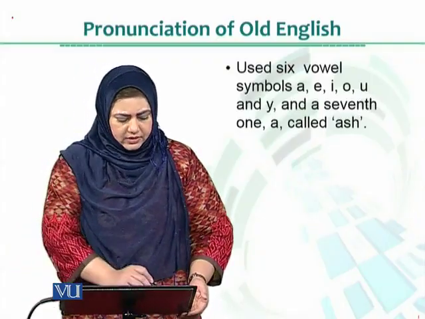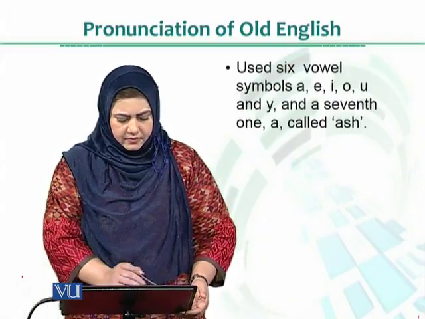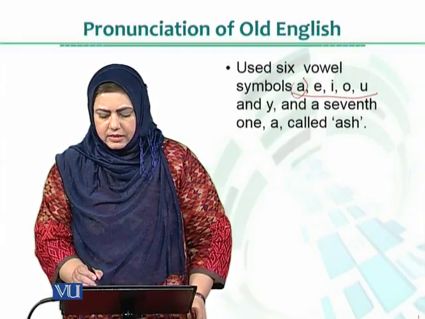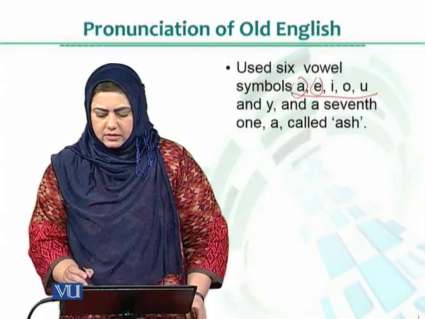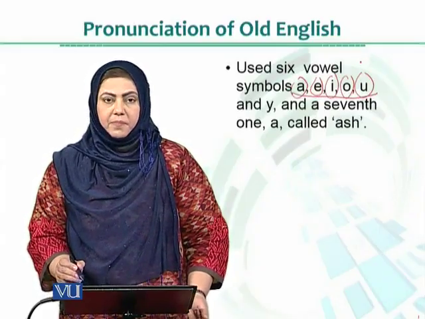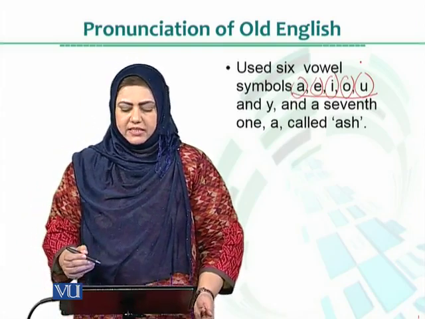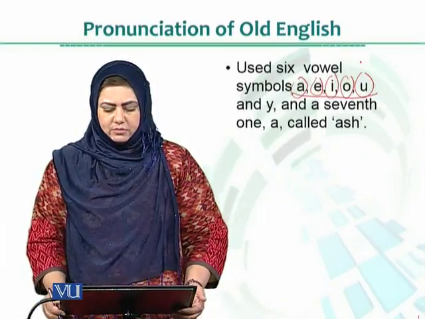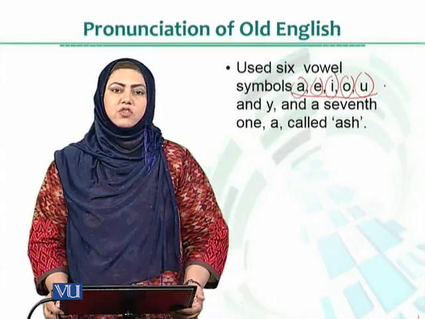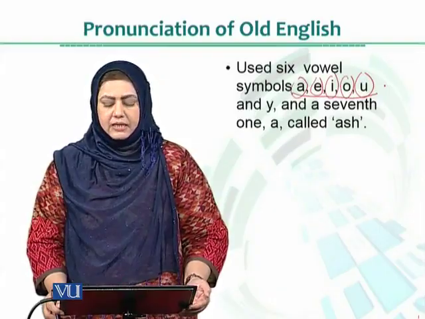Here, if you notice the screen, we have certain symbols here: A, I, E, O, and U. I pronounced them, and when I pronounced them, we would call them vowel sounds, but I have encircled them here, and these circles show how they are symbolically represented, which means how they are written.